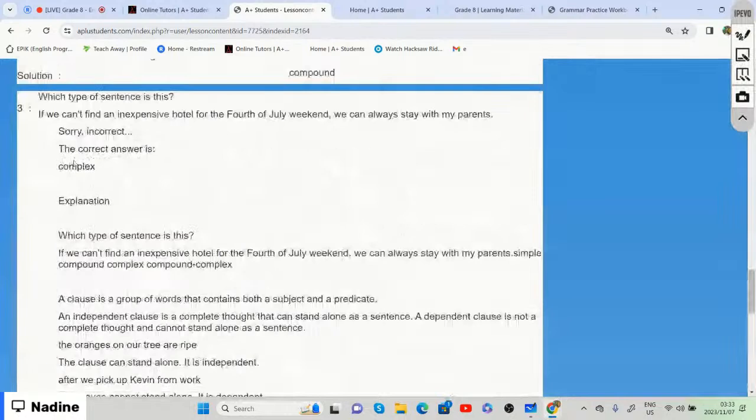Right, let's look at this. If we can't find an inexpensive hotel for the 4th of July weekend, we can always stay with my parents. And this is a complex sentence.